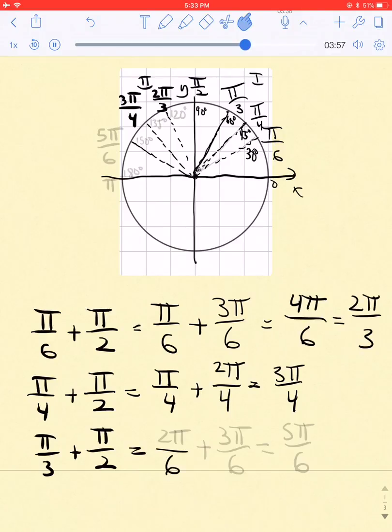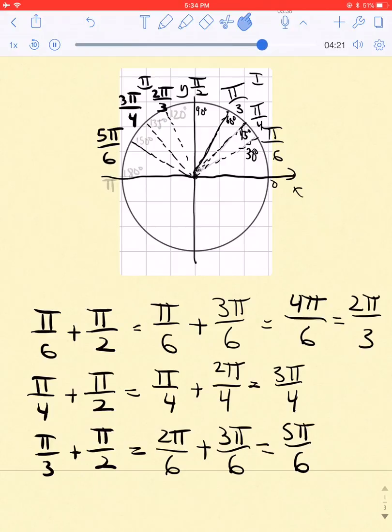So if we convert them both into sixths, we have 2 pi over 6 plus 3 pi over 6. And now they have the same denominator. We end up with 5 pi over 6. And that will be located right here, 5 pi over 6.